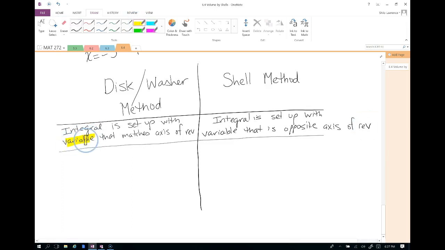So for this one, variable matches. For this one, variable is opposite.